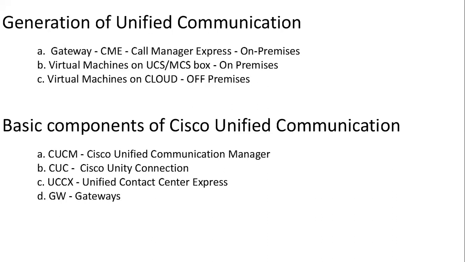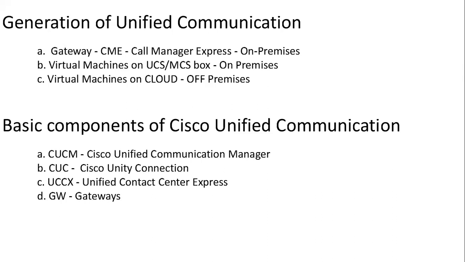The concept here is that every time you install any application, you need raw hardware. Above that raw hardware, there is a hypervisor. You can understand the raw hardware as a UCS box, and the hypervisor as VMware. Over that hypervisor, an operating system is installed, which in our scenario you can understand as Linux, CentOS, or Red Hat.